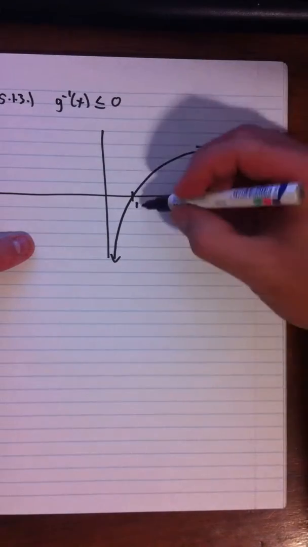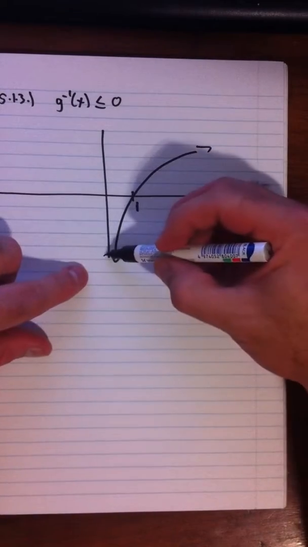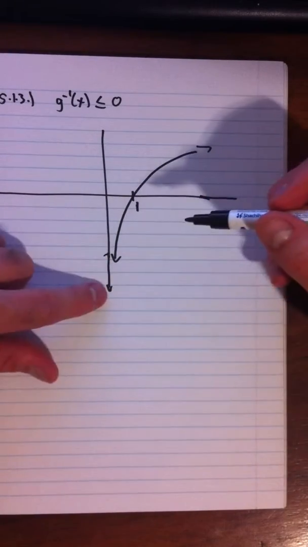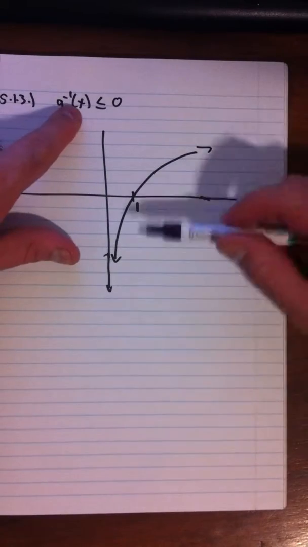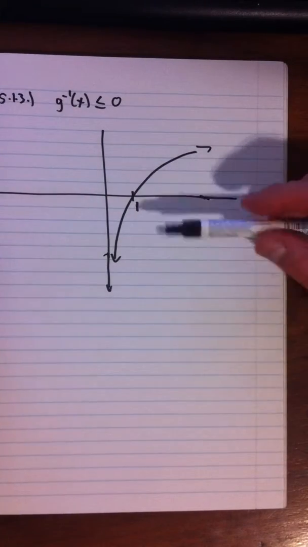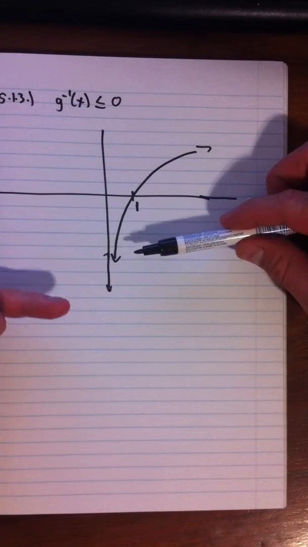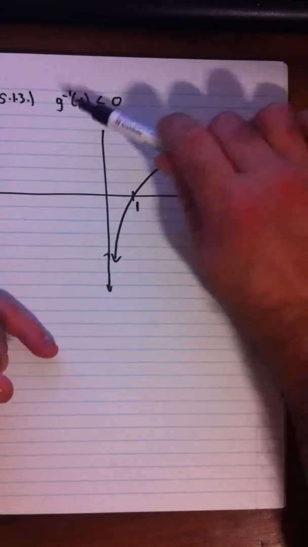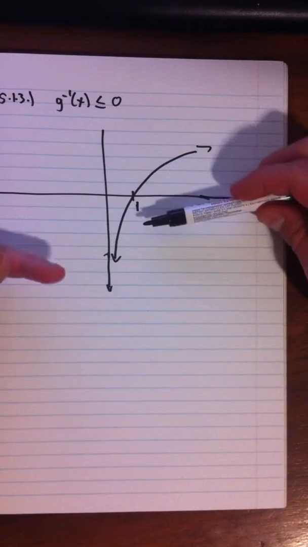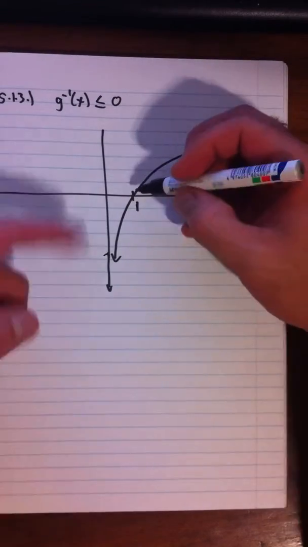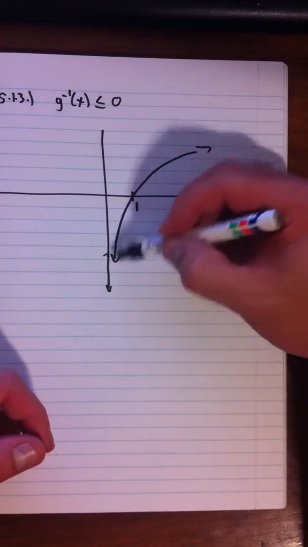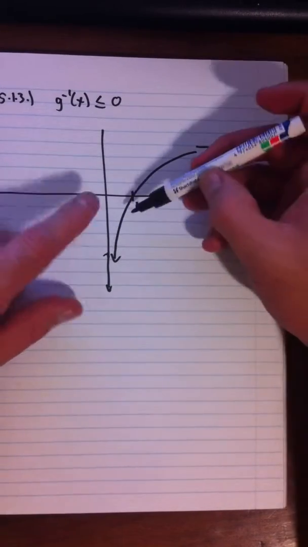It goes through 1 there, and it's asymptotic to the y-axis, so it never touches the y-axis. Now they're asking us, where is this graph less than 0? Where is it below the x-axis? Which is the same as saying, where is the y value below 0? We can see it's clearly this part here.